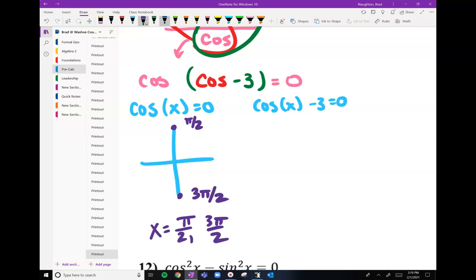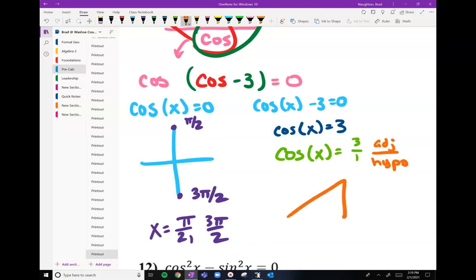And then let's look over here. So I'm going to get cosine of x is equal to 3. Now, let's hold up again. This is a tricky one, so I'm glad that you're watching this video. So I'm going to say that cosine of x is equal to 3 over 1. Now remember, cosine is going to be adjacent over hypotenuse. And in our lovely right triangle, your hypotenuse is always the largest side.